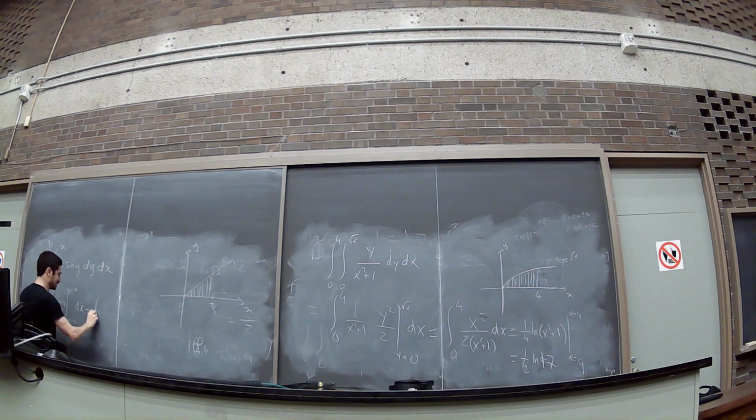So what do I get? I get the integral from 0 to pi over 2 of minus x cos x plus, so minus cosine 0, so here is cos x, right, minus 1.